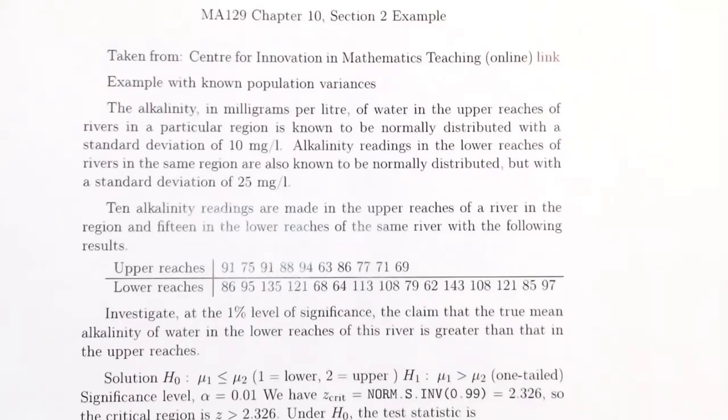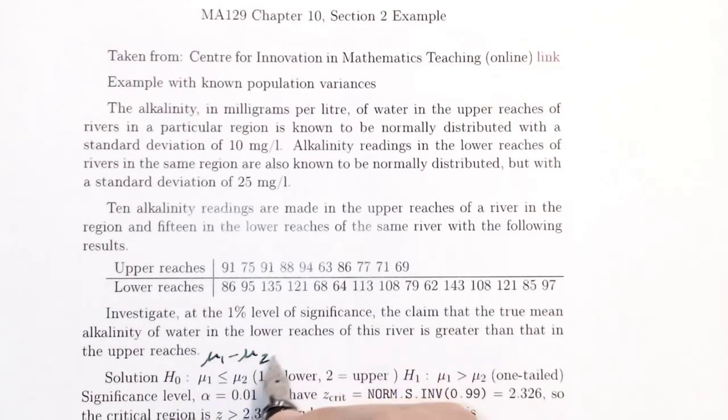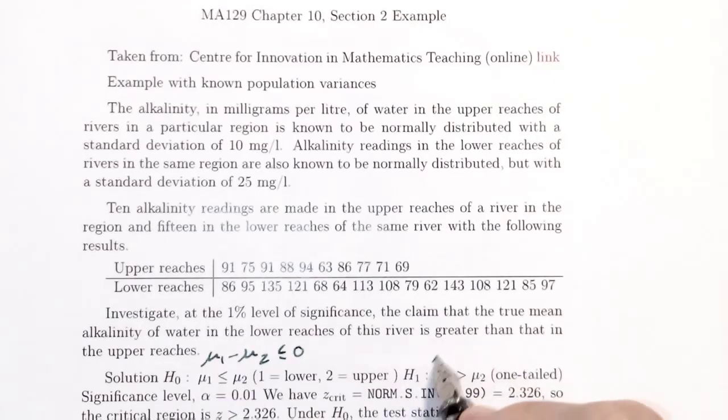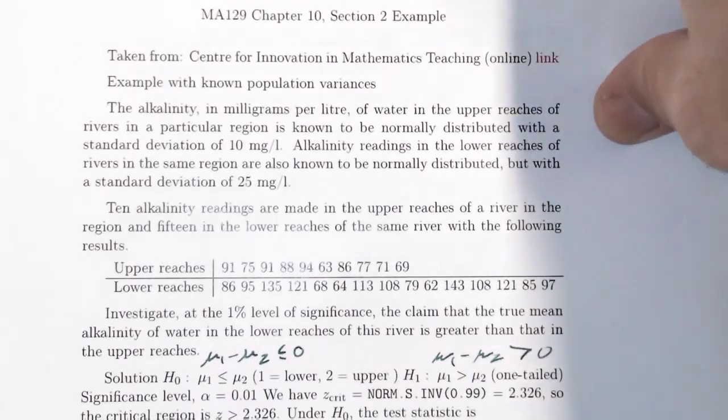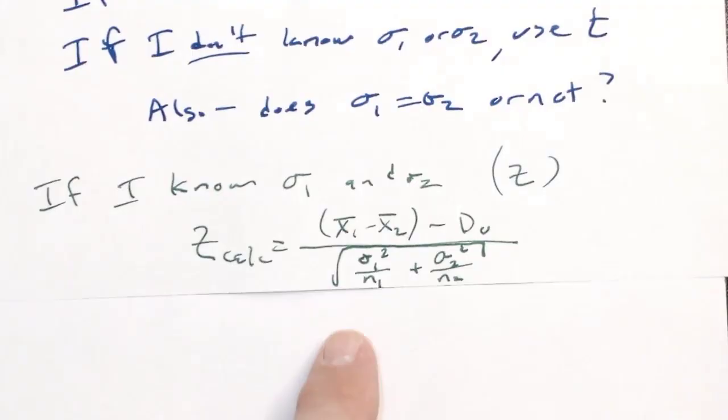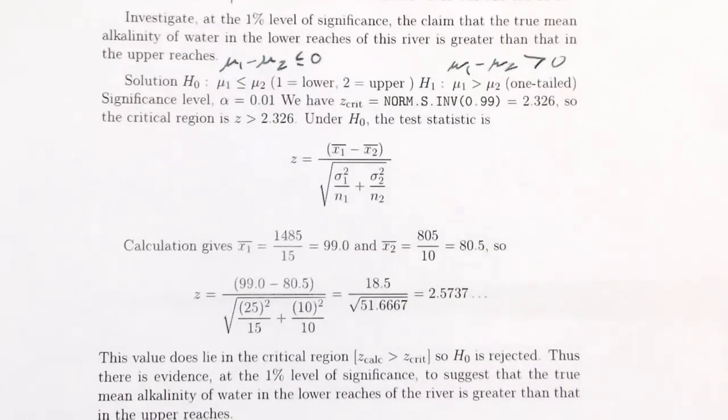The other way to say it is that mu1 minus mu2 is bigger than my difference. And that's how I see that to the right end. Look at the positive side. Oh, okay, that means I'm going to use exactly this calculated formula. And I ran through the numbers.